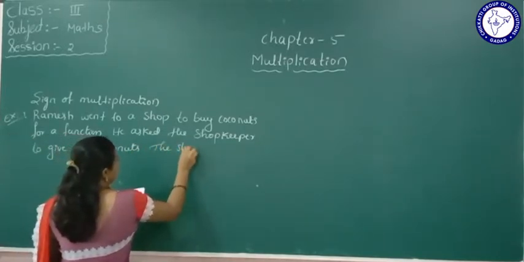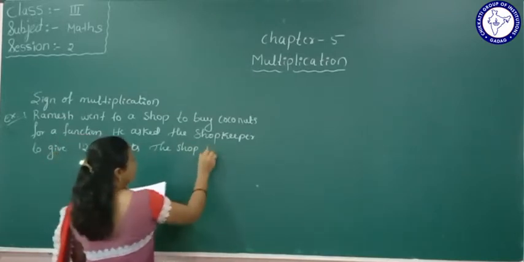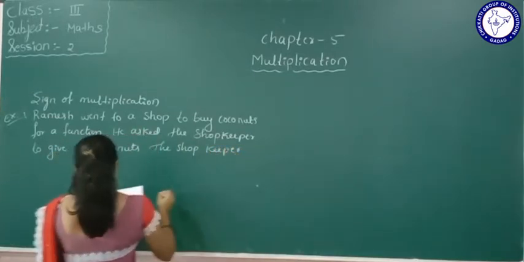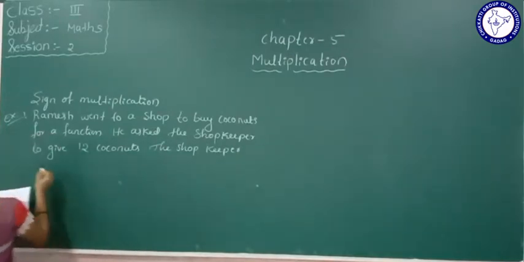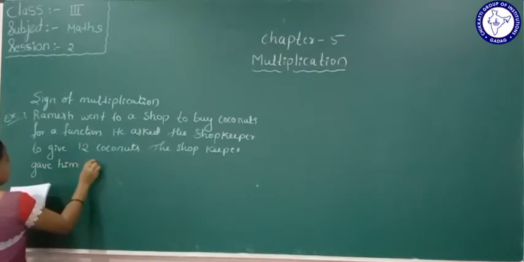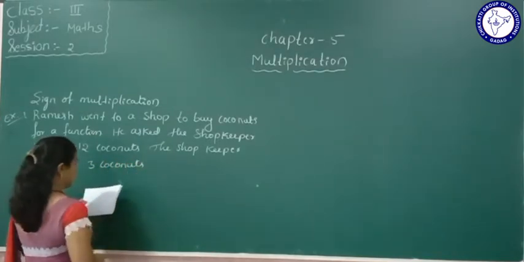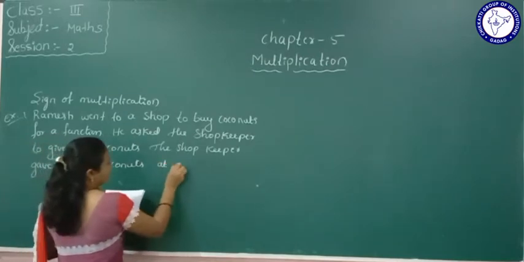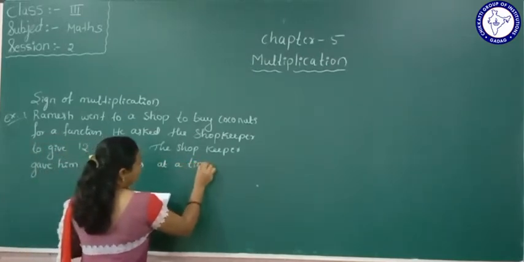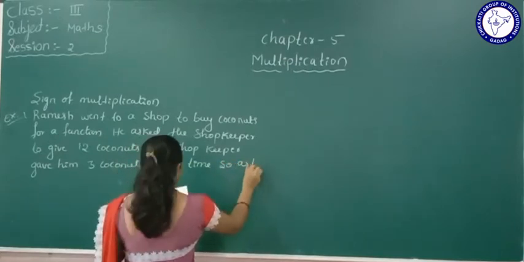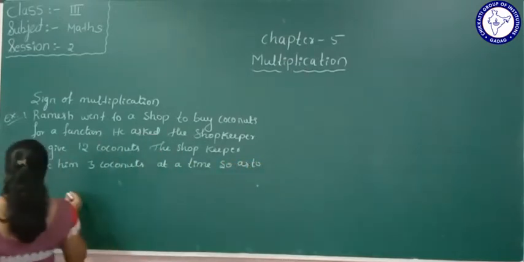The shopkeeper gave him 3 coconuts at a time, so as to make 12.